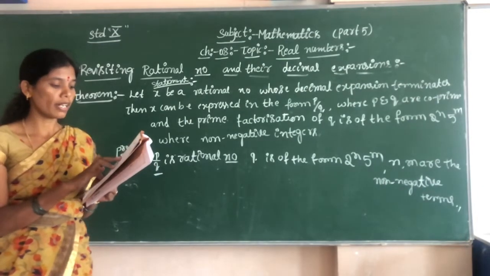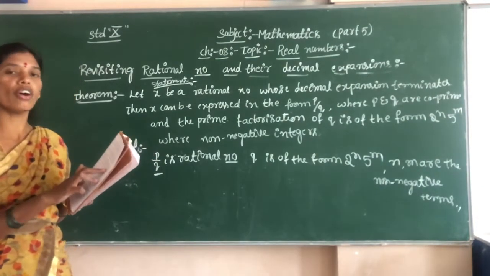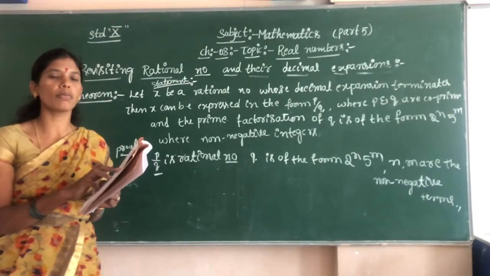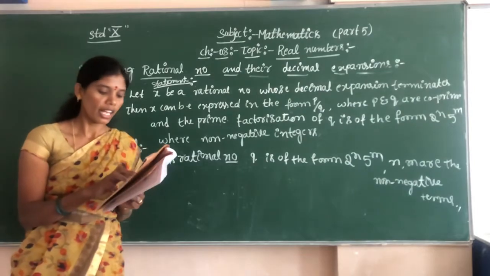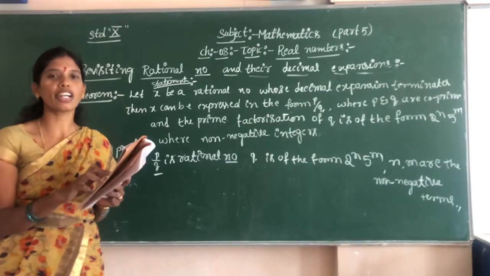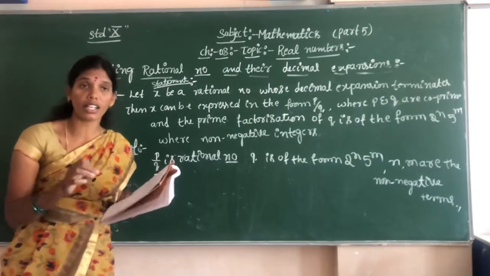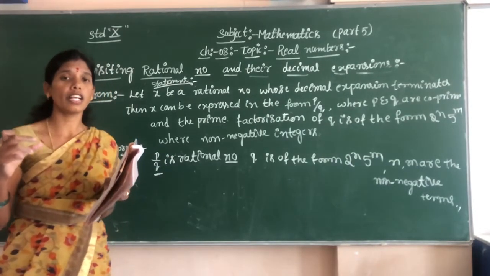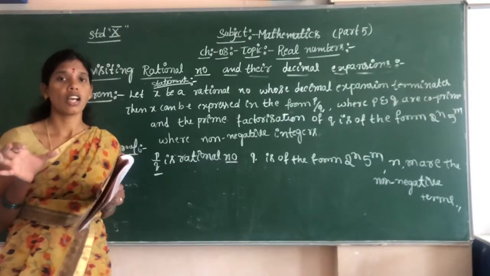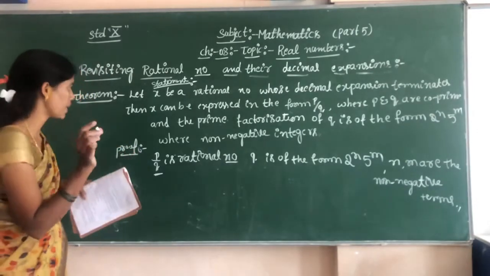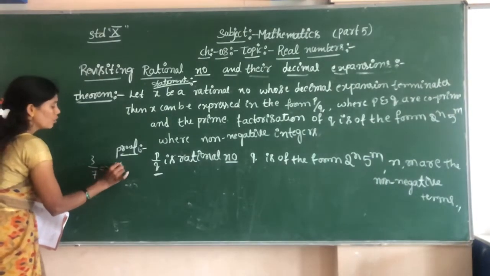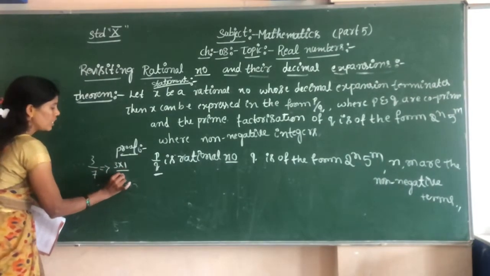Okay, but a decimal expansion can be converted into a rational number of the form p by q, where q is of the form 2 to the power of n and 5 to the power of m, an equivalent rational number. You already know equivalent rational numbers: for any fraction, multiply both numerator and denominator. So these are equivalent fractions. Take for example 3 by 7, which means 3 into 1 by 7 into 1.